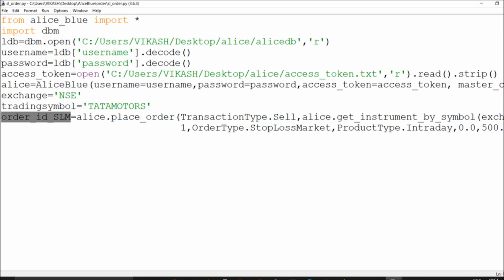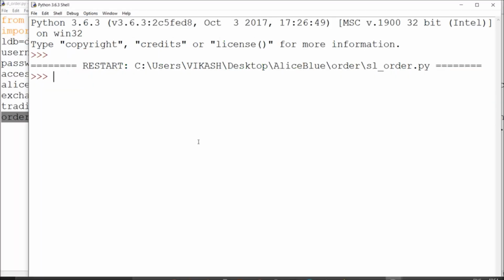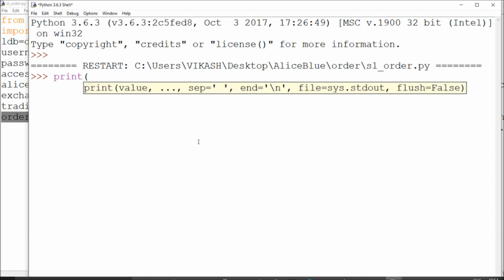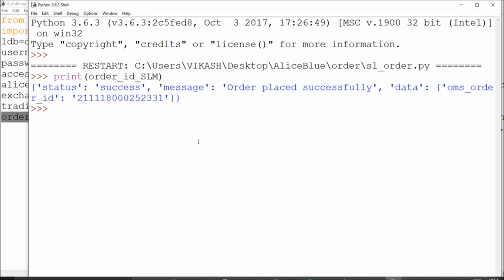Market hours are not available right now since I am placing it, so we will get a message. If you want to check with the message, I think the message is okay, but the main important thing is our order ID.